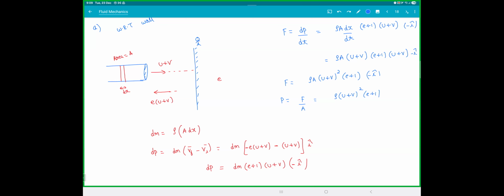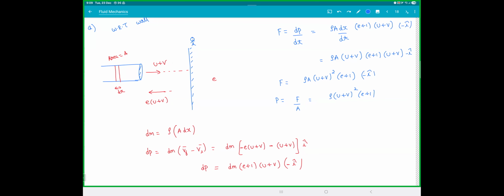What about the second one, everyone? What if the water jet is hitting at an angle theta?